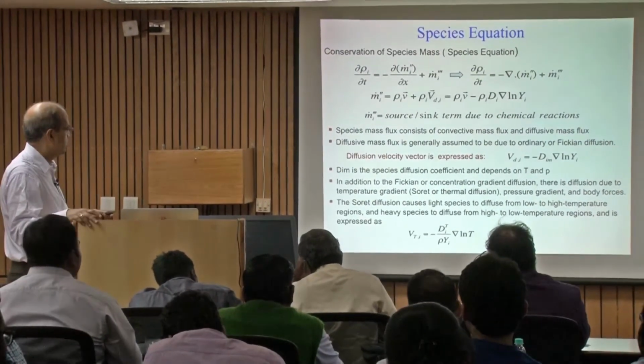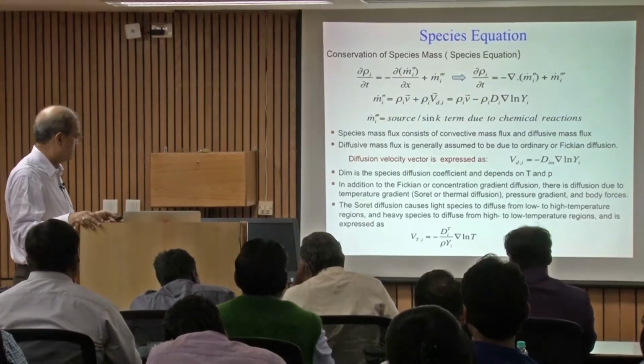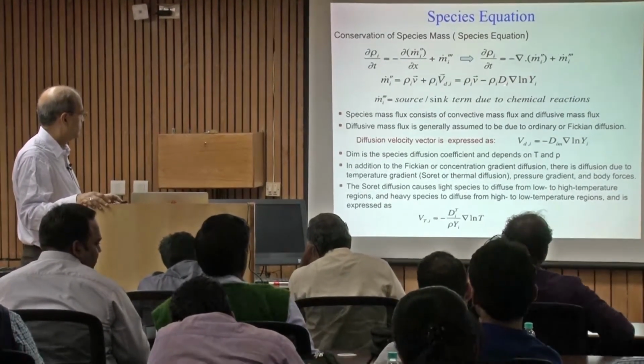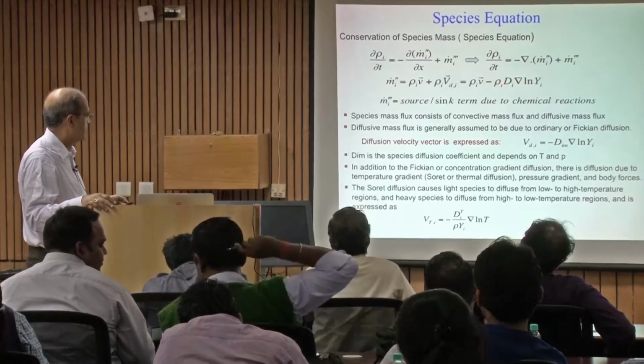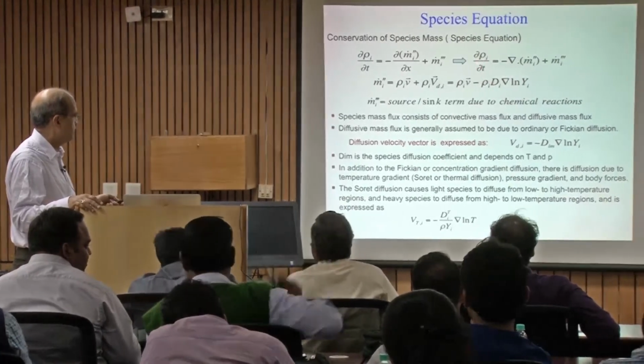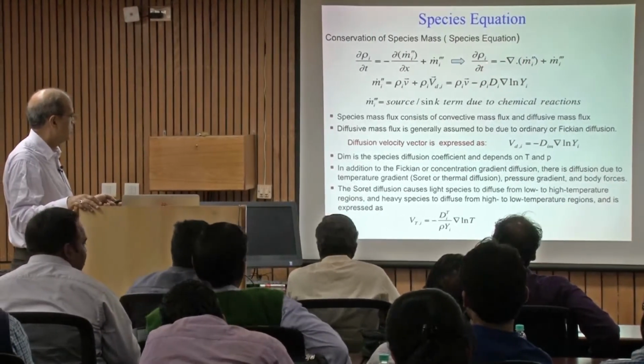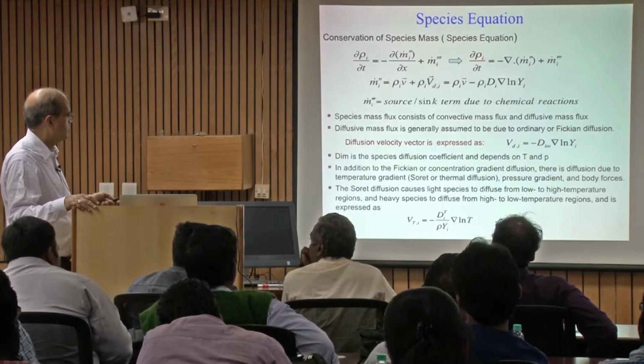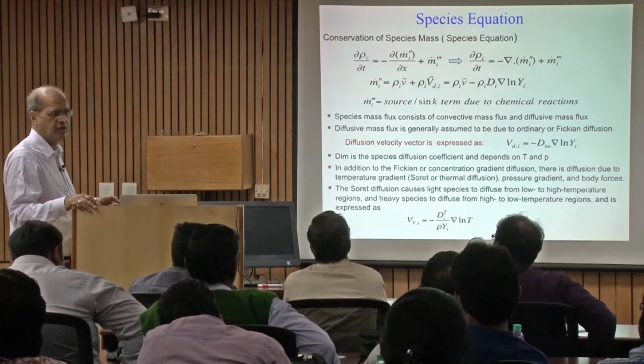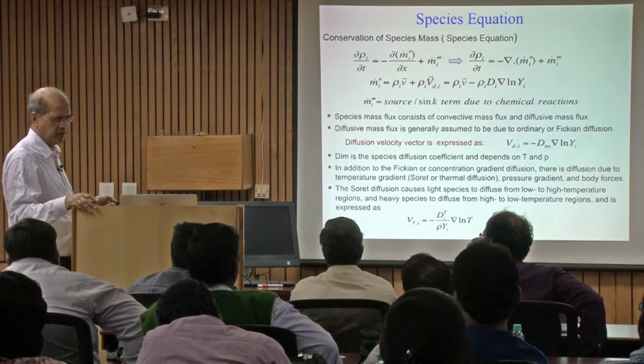So going back, so this is then the species equation. And normally what we do is we replace this rho I by rho times yi.